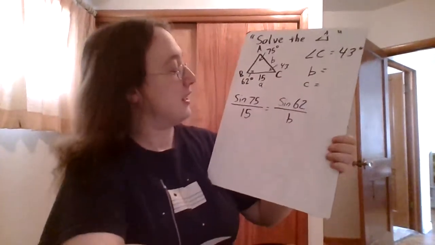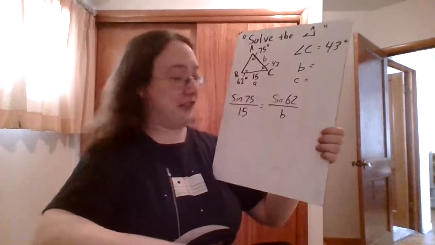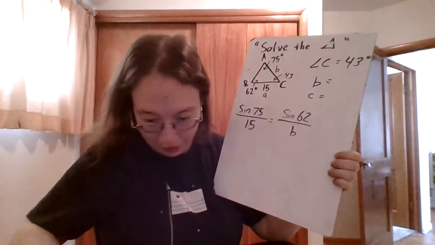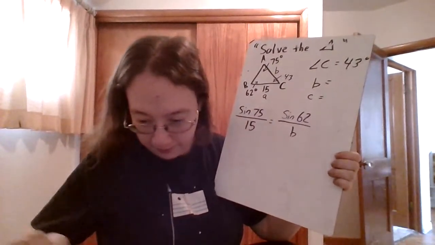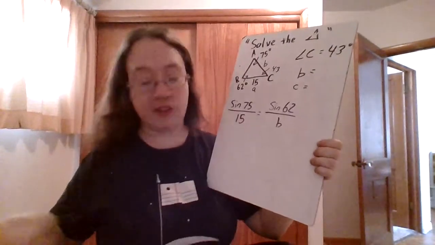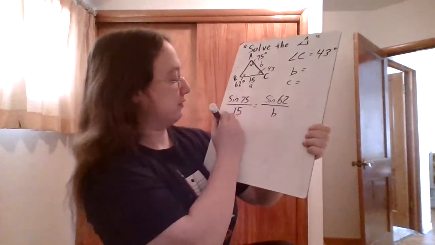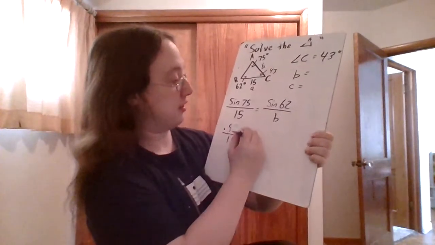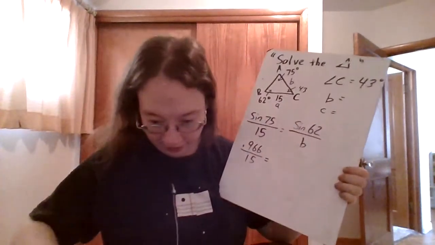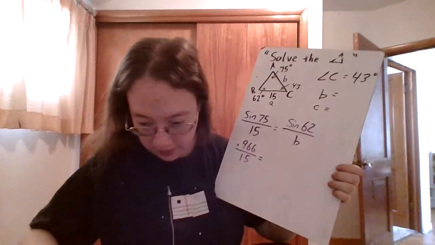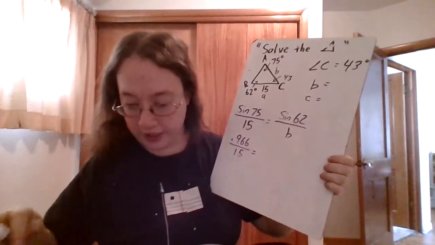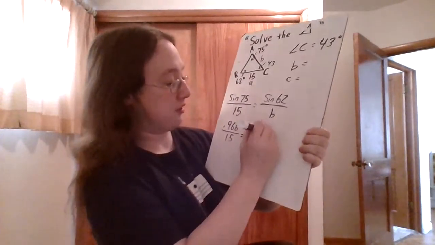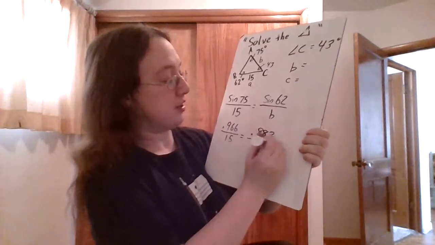Okay. And then we're just going to go ahead and find the sine of 75. Sine of 75 is 0.966 over 15 equals the sine of 62, which is 0.883 over b.